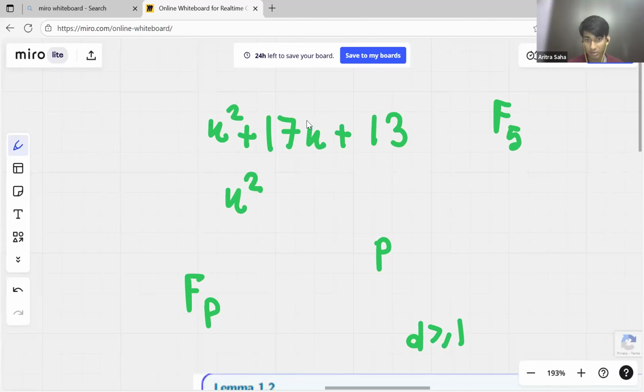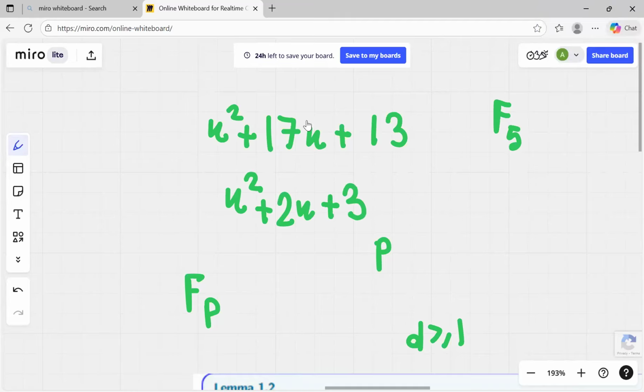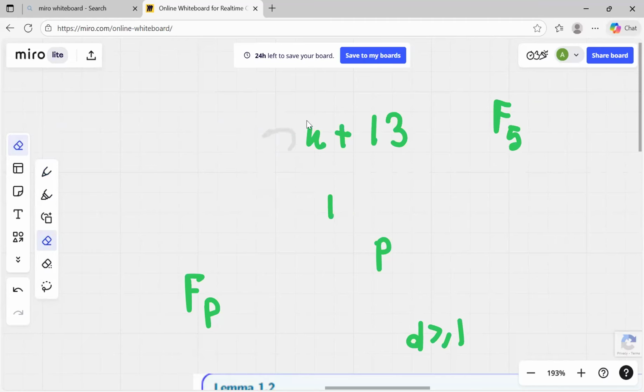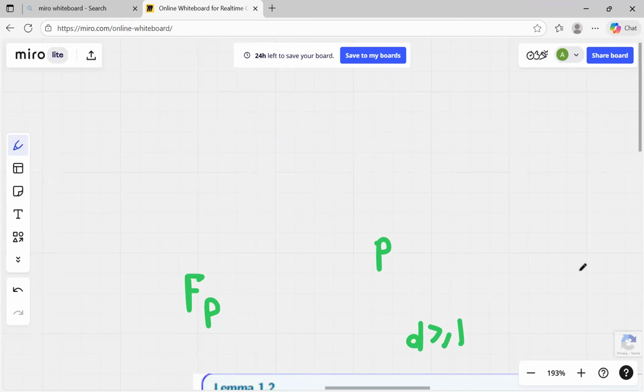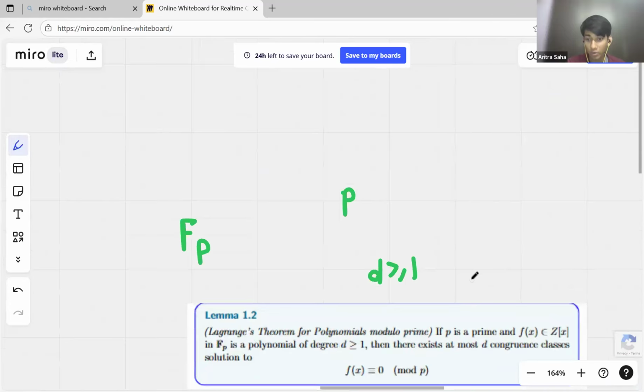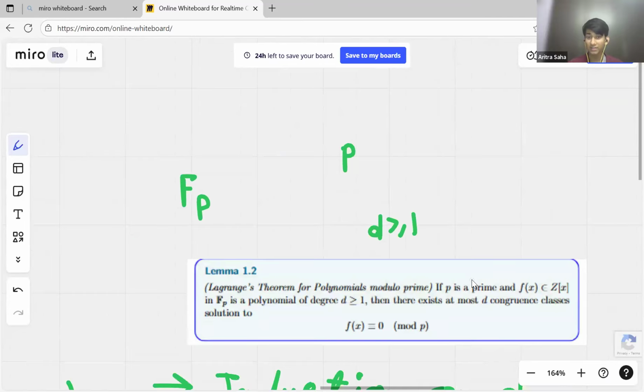This will become x squared plus 2x plus 3. You take everything mod 5. Then you have to prove that if the degree of the polynomial is d, then it has at most d solutions mod p, at most d congruence classes mod p.